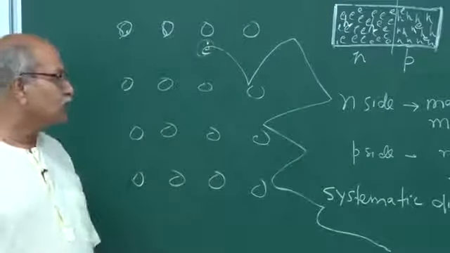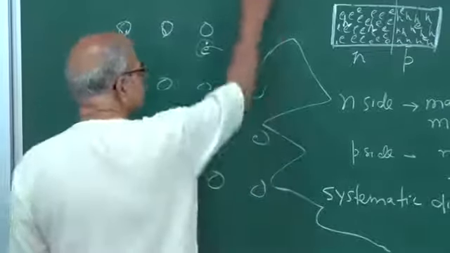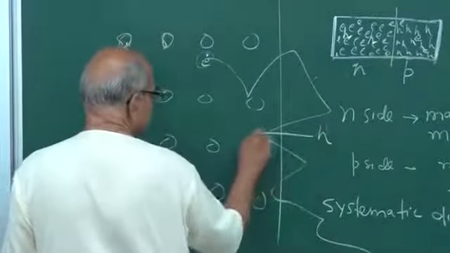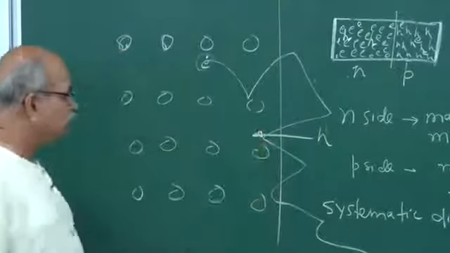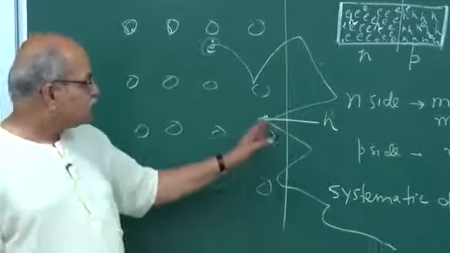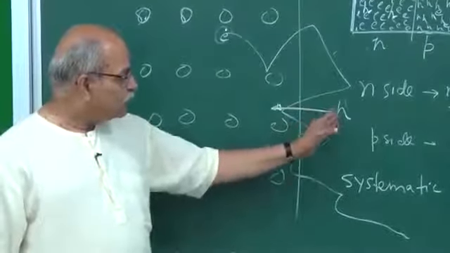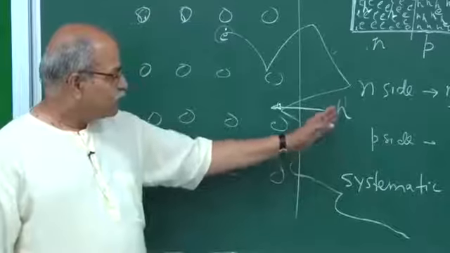And similarly, holes. If you have a large number of holes here, some holes can diffuse to this side. Hole diffusion, you remember, the bonded electron breaks from here, and then there was already a hole here, a broken bond was here.